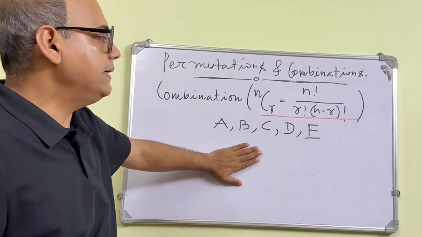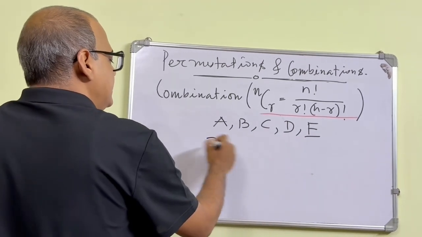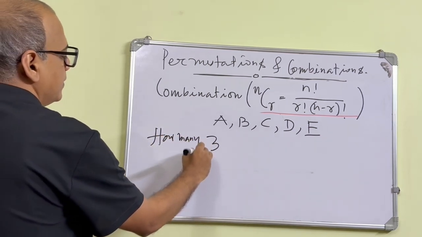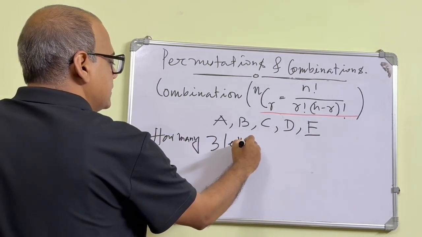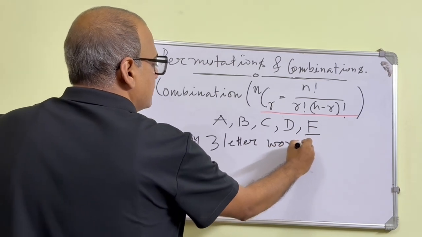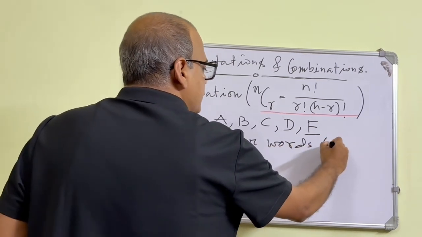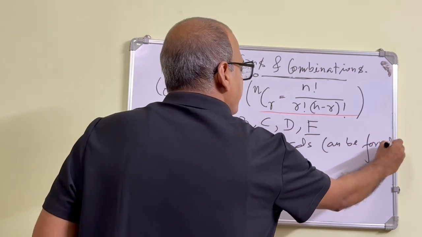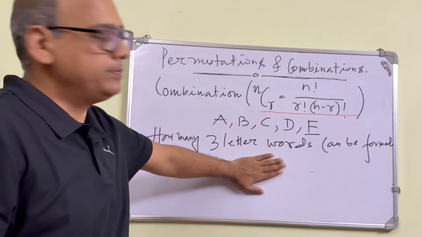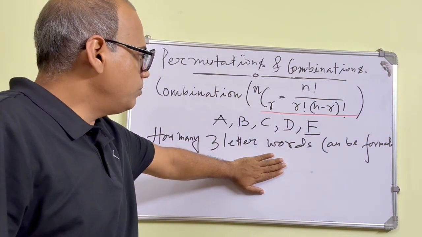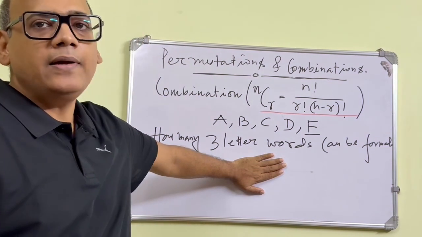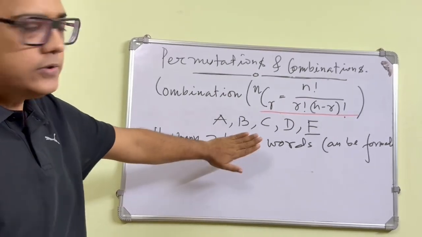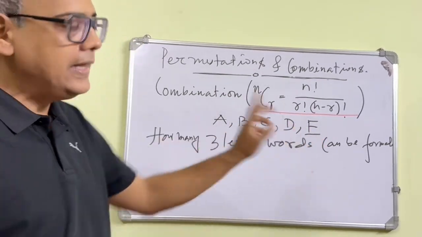So how many 3-letter words can be formed? That's my problem. It's simply a permutation problem because first I need to choose 3 from the 5 and then I have to arrange.